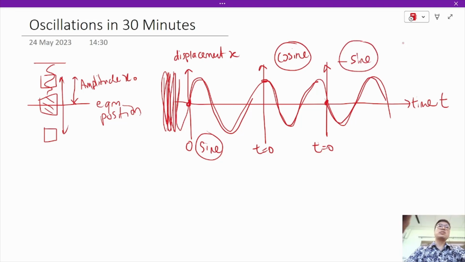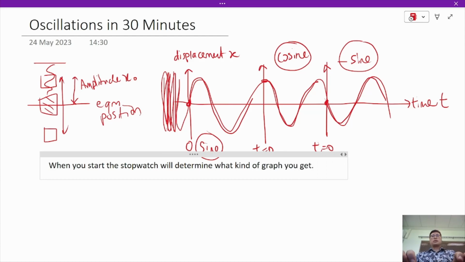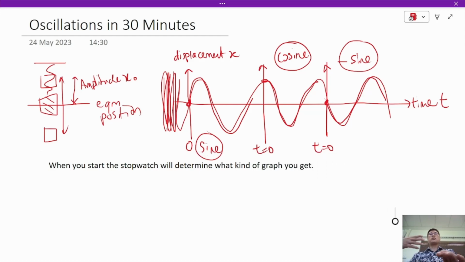So here's the first thing about oscillations: when you start the stopwatch will determine what kind of graph you get. Whether you get a sine graph, a cosine graph, a negative sine graph, or a negative cosine graph.